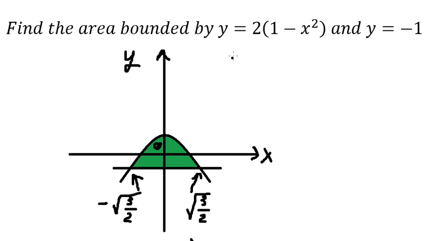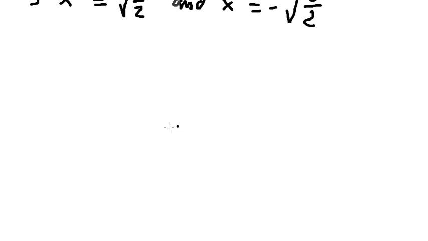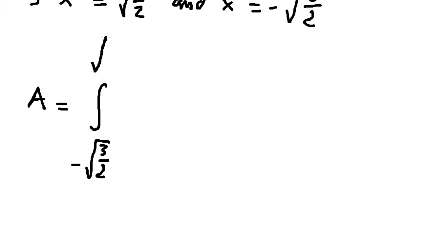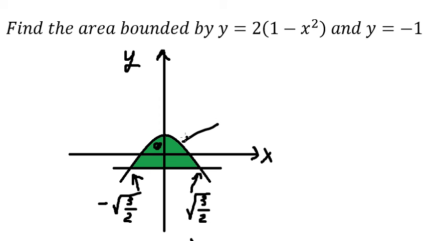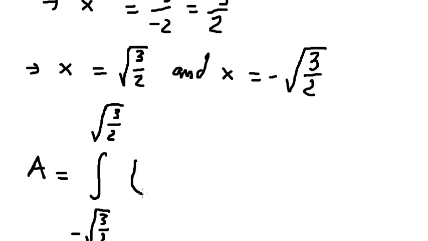Now we can set up the integration. So we know that this one is the upper, and the line in here is the lower. So we put upper minus lower.